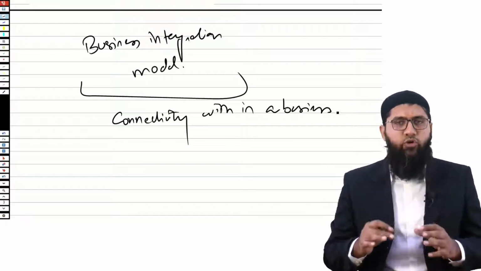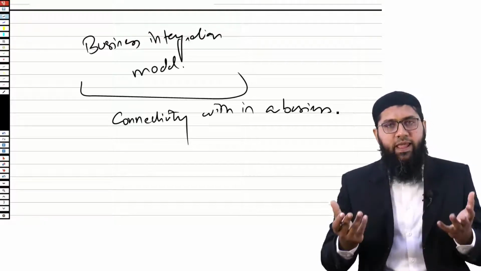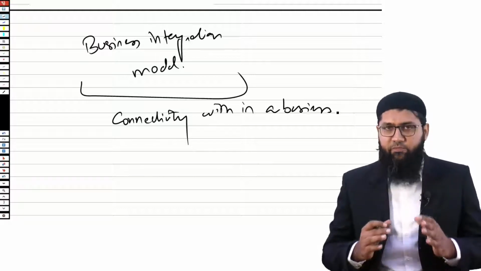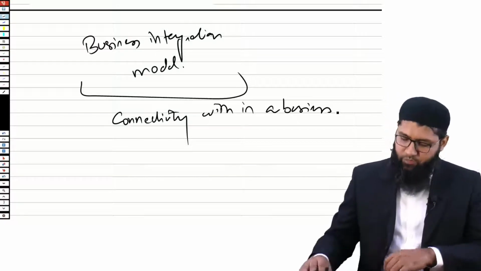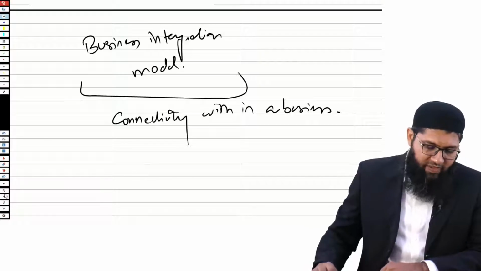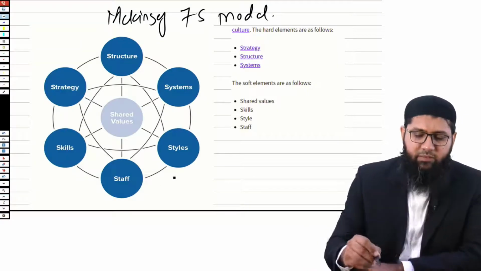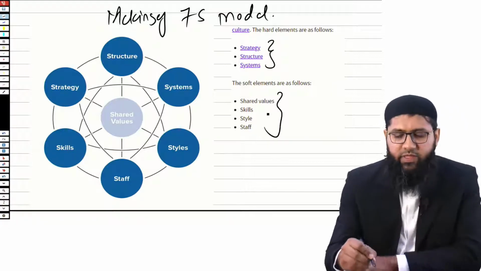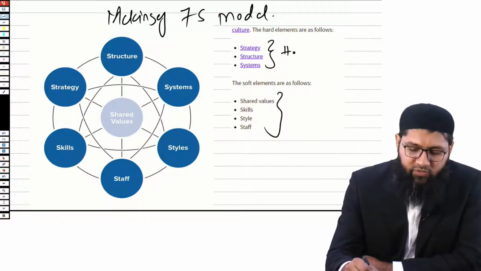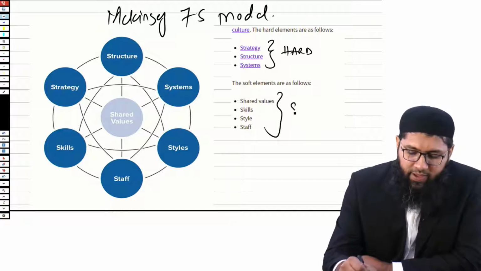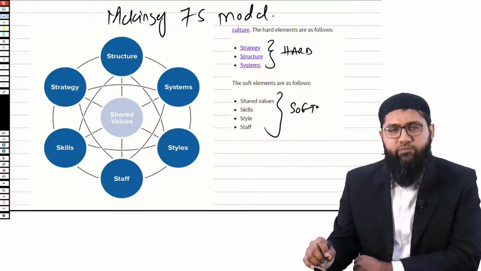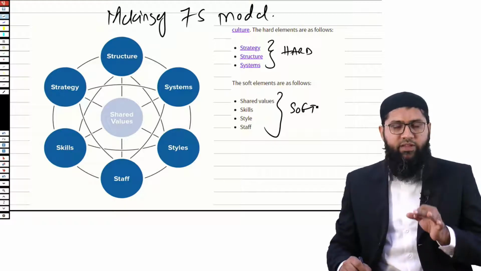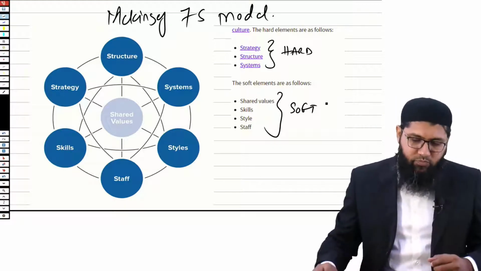So let's try to understand the different elements that this McKinsey 7S defines with respect to an organization. McKinsey 7S says that there are 7 elements of the organization, and they are categorized into 2 headings: the hard elements and the soft elements.